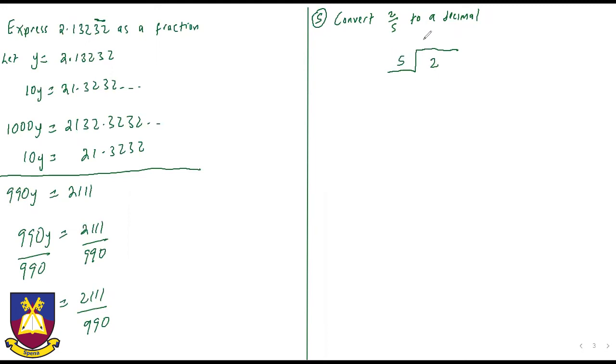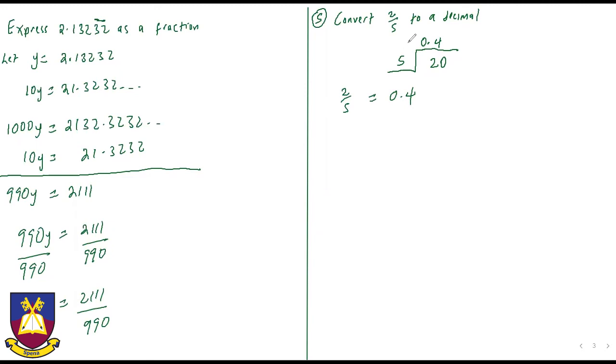So we shall put here 0 and a decimal point. Then we shall put a 0 here. Now, 20 divided by 5 is possible. It gives us 4. So that means 2/5 is the same as 0.4 in decimal form.